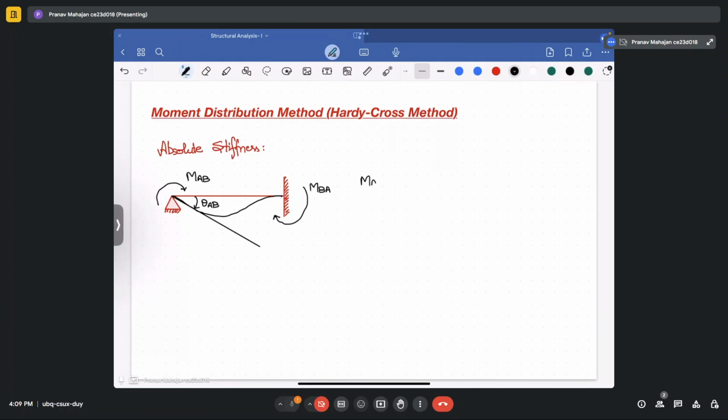Here MAB will be equal to 4EI upon L into theta A, whereas MBA, the carryover moment, will be half of the moment applied in the cantilever beam, and it will be 2EI by L into theta A. We can also write that MAB is equal to K times theta A. So this K will be equal to 4EI upon L, and we call it the absolute stiffness for this beam.